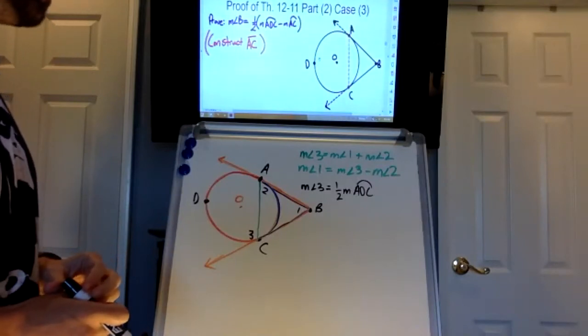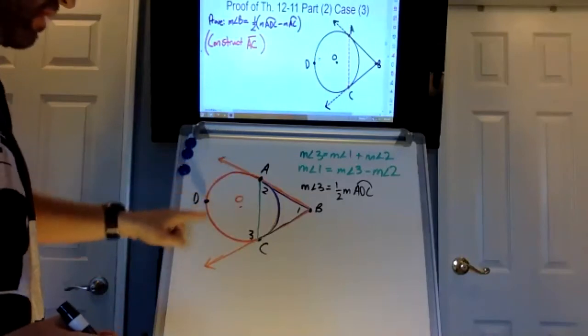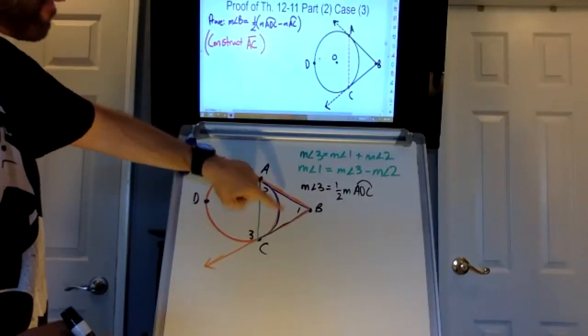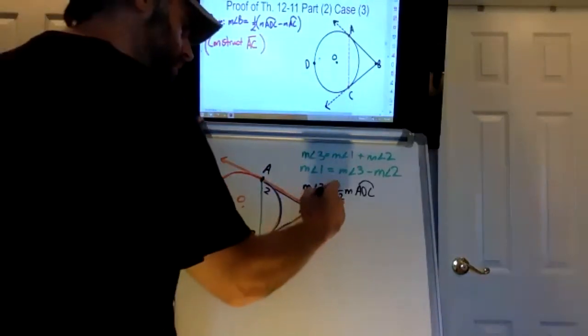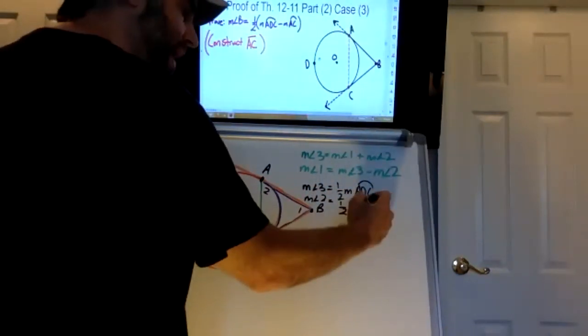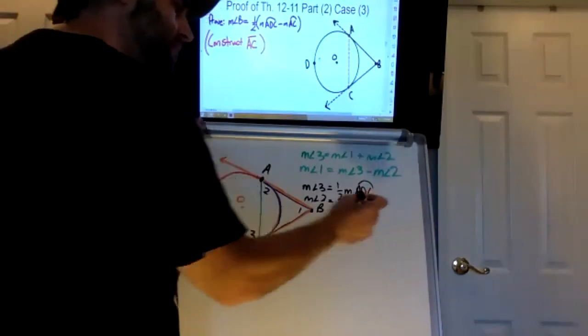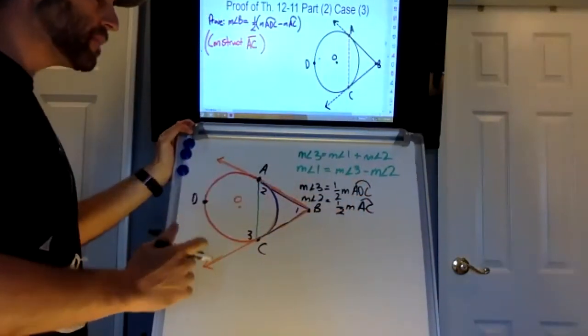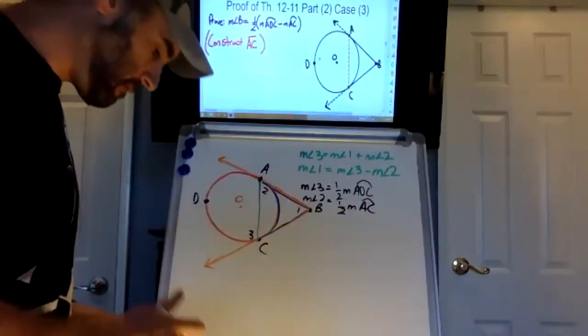Okay, the measure of angle 3 is half of the red arc. The measure of angle 2 is half of the blue arc. That's the minor arc AC versus the major arc ADC, and those are ready to plug in.